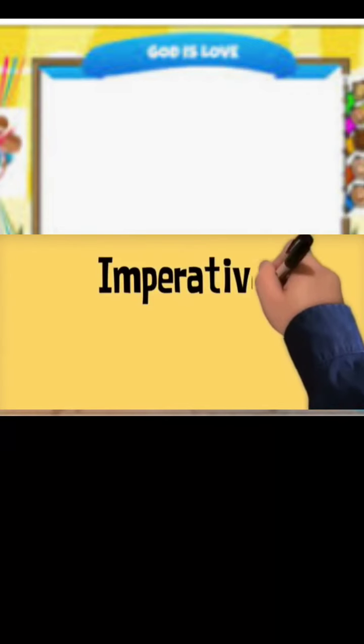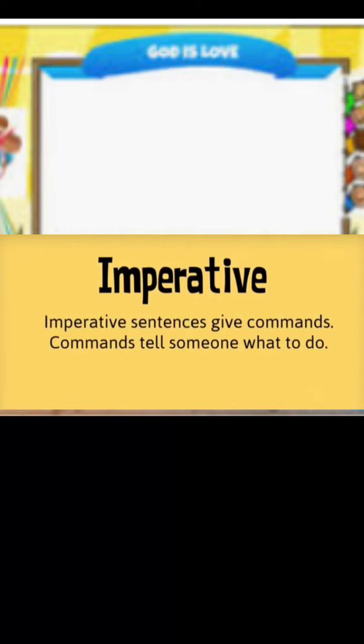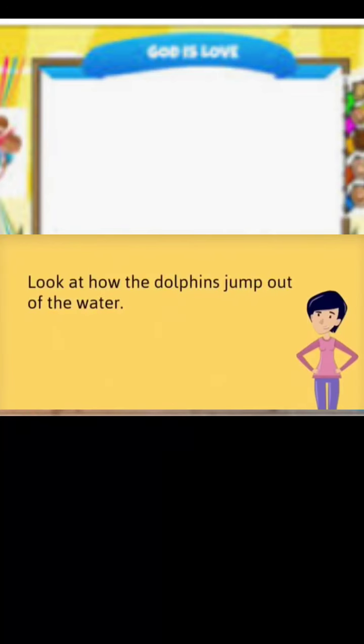Last, we have imperative sentences. An imperative sentence gives a command. Commands tell someone what to do. Here are some examples of imperative sentences. Look at how the dolphins jump out of the water. Call your Aunt Sandy in New York.